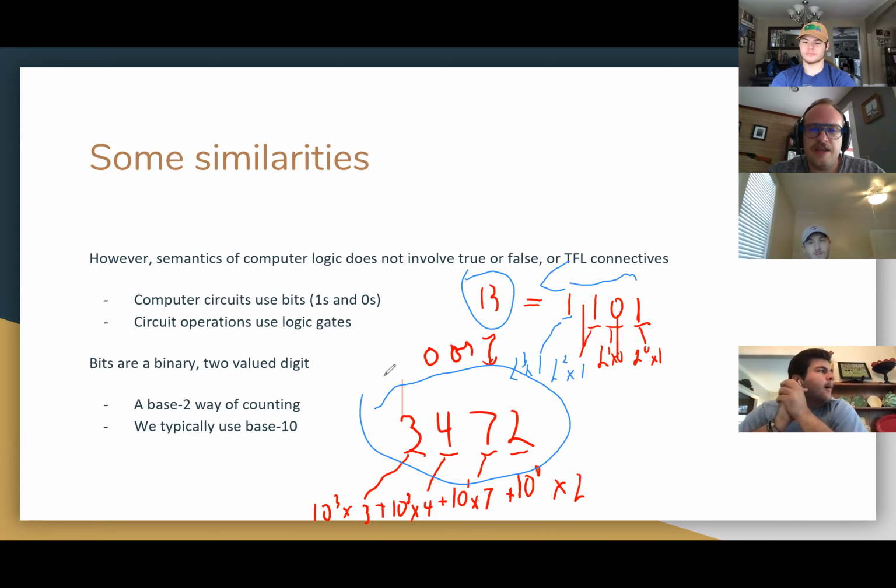Okay. So that's all to say that with a binary way of counting, we could represent facts about numbers using languages like TFL. And this is how.